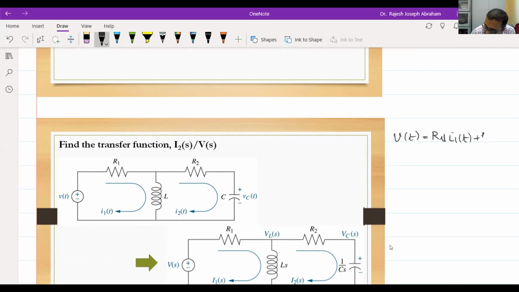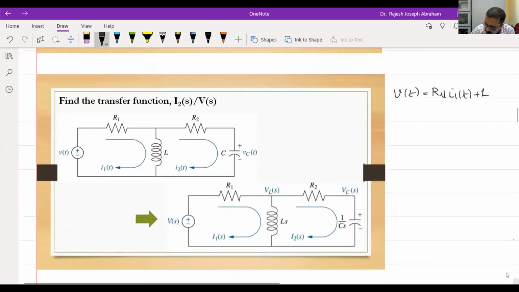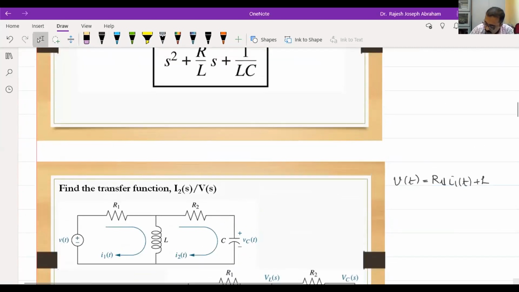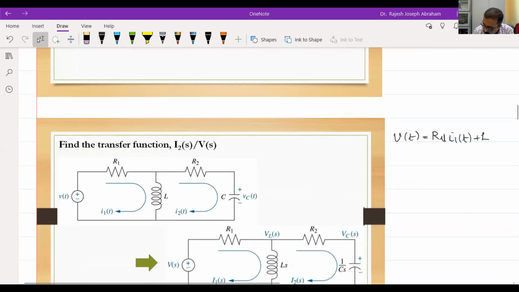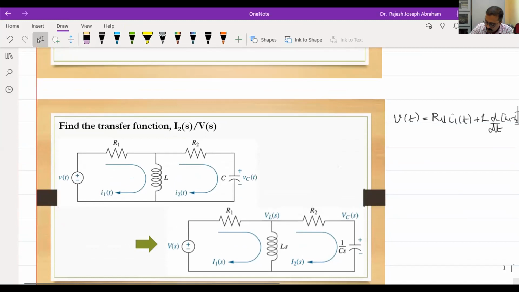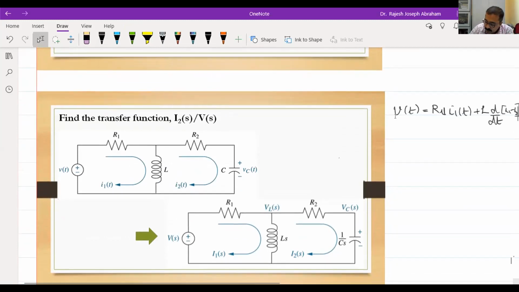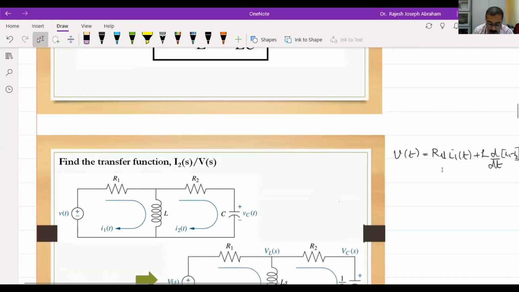So I can write plus L into d by dt of I1 minus I2. Right? So L into d by dt of I1 minus I2.